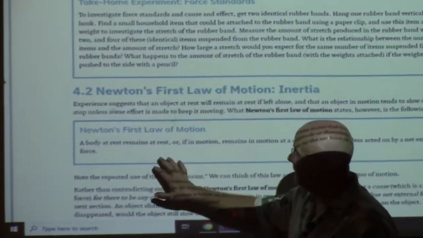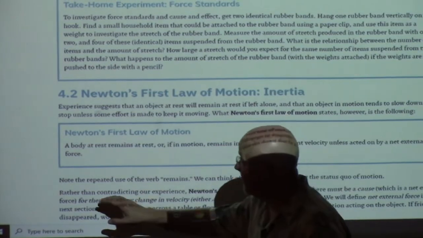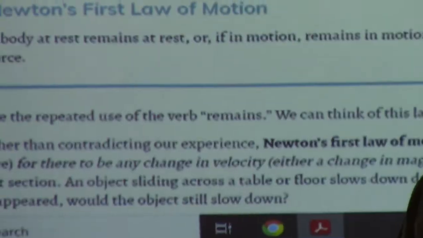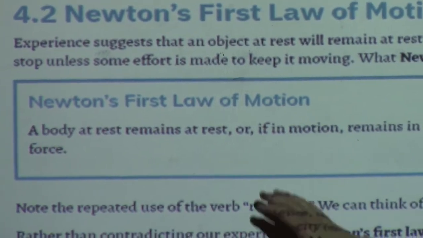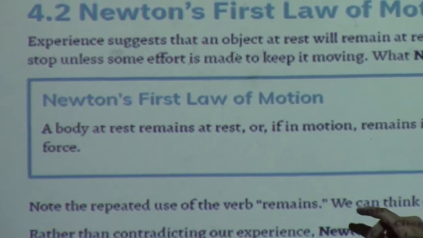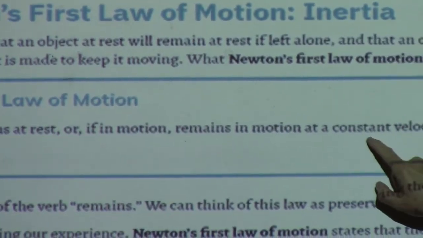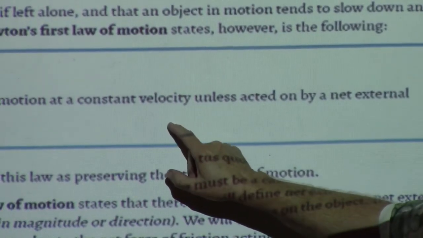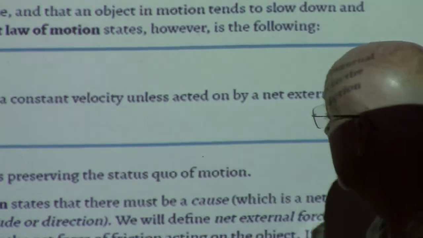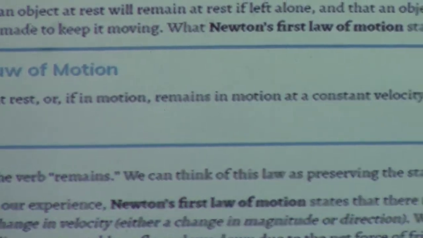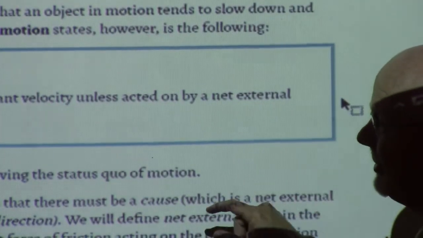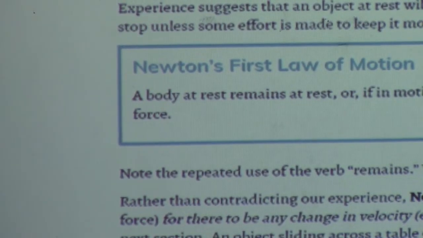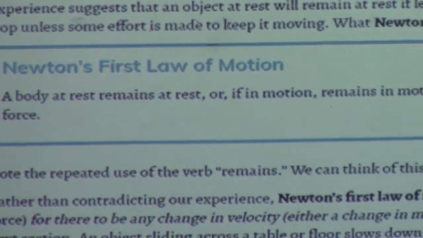But we often refer to it as the law of inertia. It just simply says that a body at rest remains at rest. Or, if it is in motion, it remains in motion with a constant velocity. Notice it didn't say speed, constant velocity. Unless acted upon by a net external force. So let's look at these last three words first.